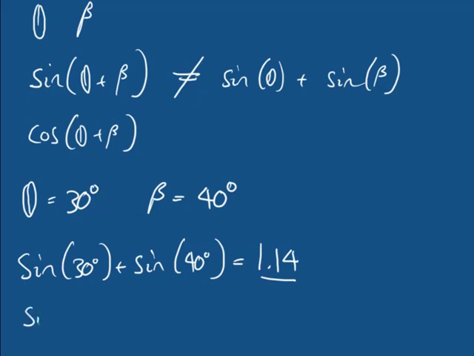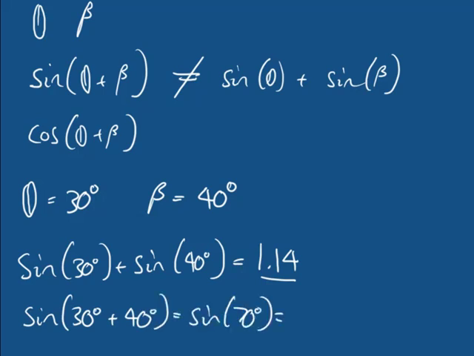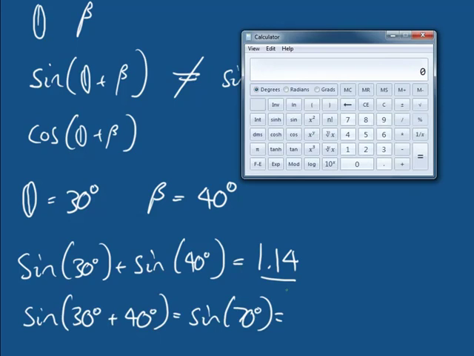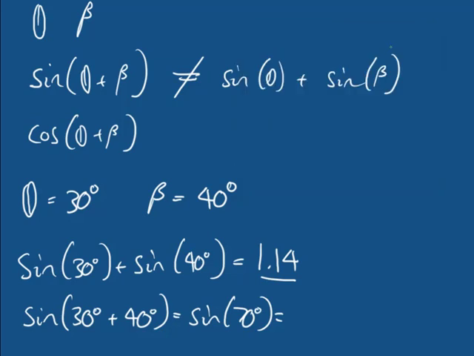Just to prove that further, we can actually find the sine of 30 degrees plus 40 degrees, which is equal to the sine of 70 degrees, which, using a calculator, equals 0.9396, or 0.94.